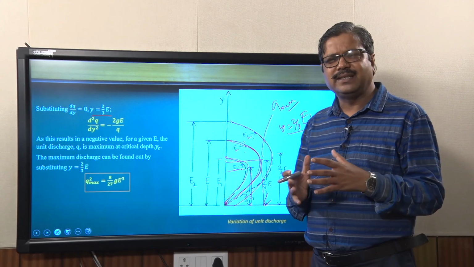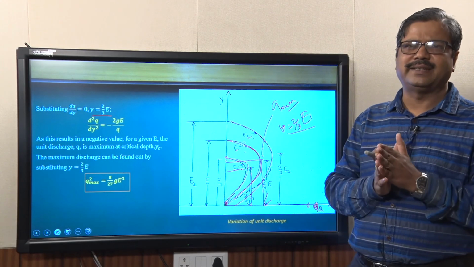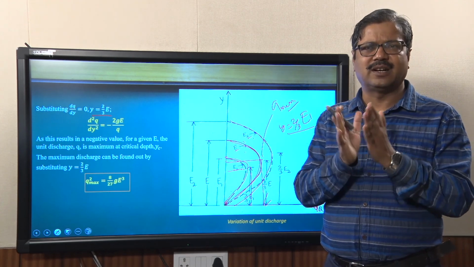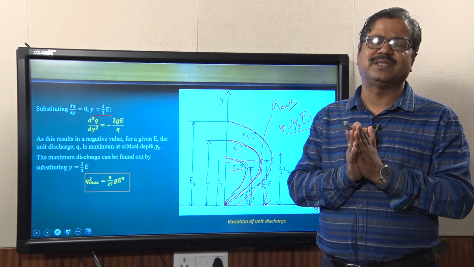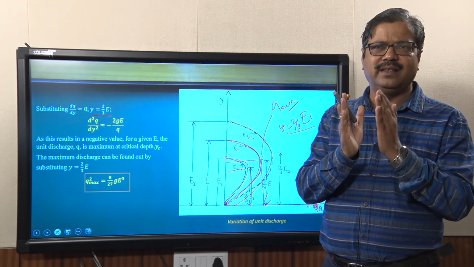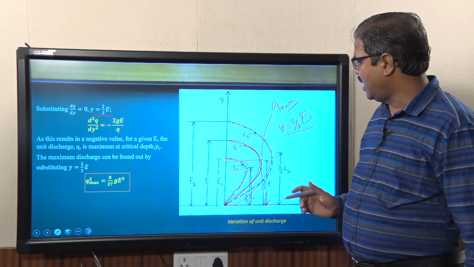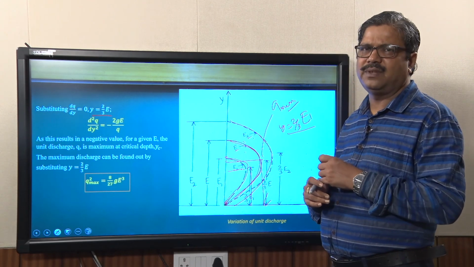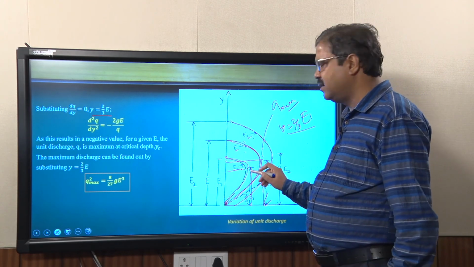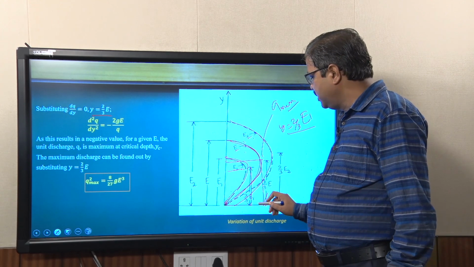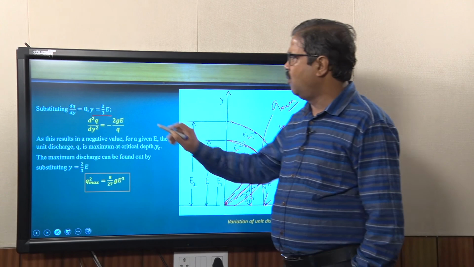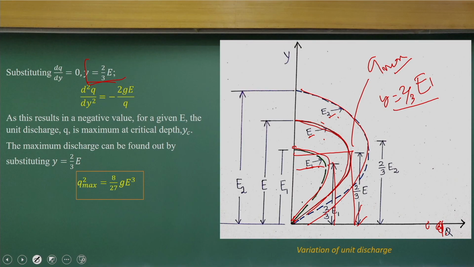That means if you are taking a channel where the specific energy is constant, or the energy dissipations are not happening, there will be a critical flow depth where Q will be the maximum, and Y will have a relationship of 2/3 of the specific energy.